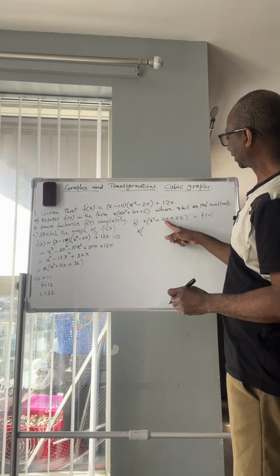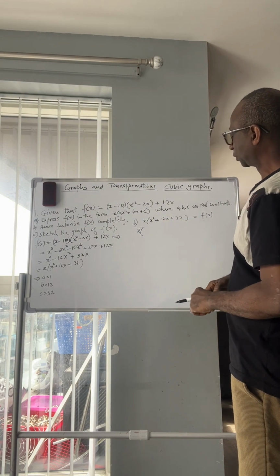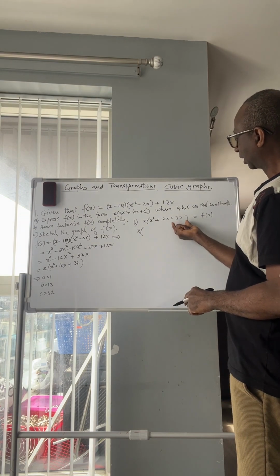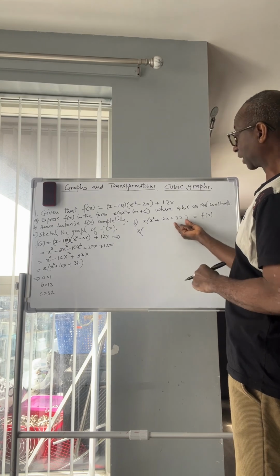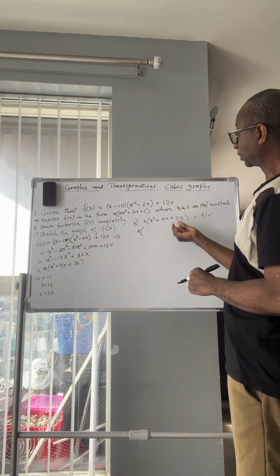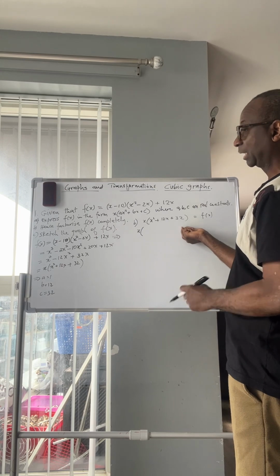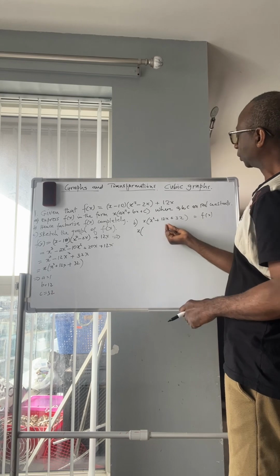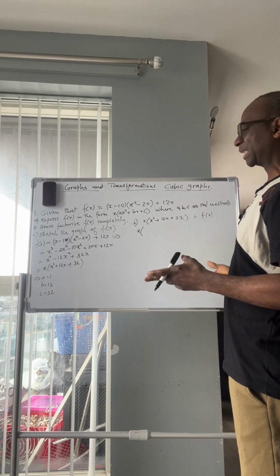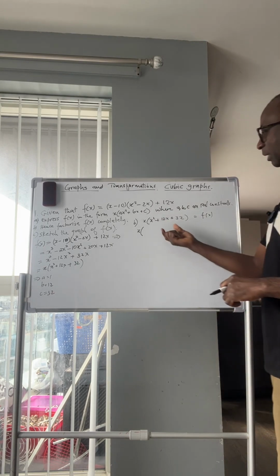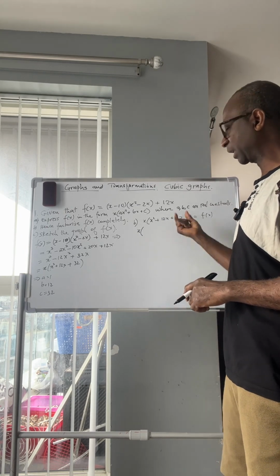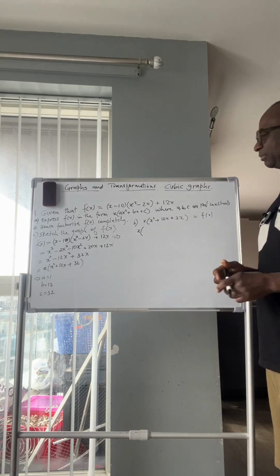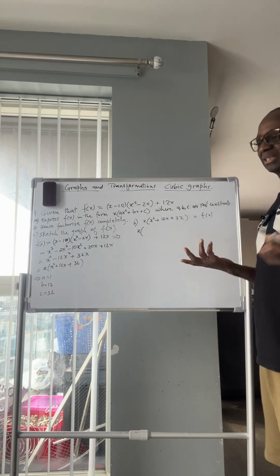You have plus 12x and 32. So you now need two numbers which are factors of 32. When you multiply them together, you get 32. And those same two numbers, when you add them up, you get 12. So what are they? It's 4 and 8. 4 plus 8 is 12. And 4 times 8 is 32.